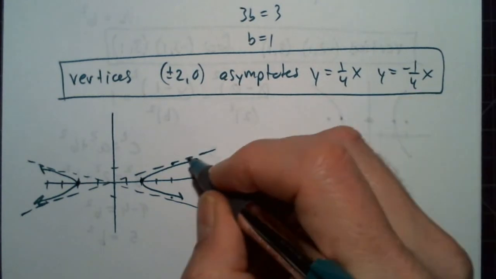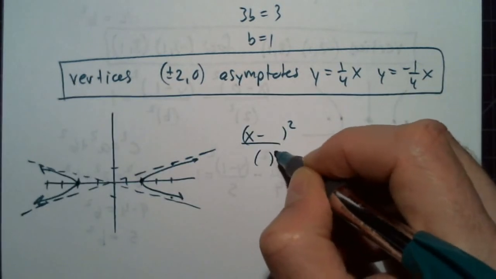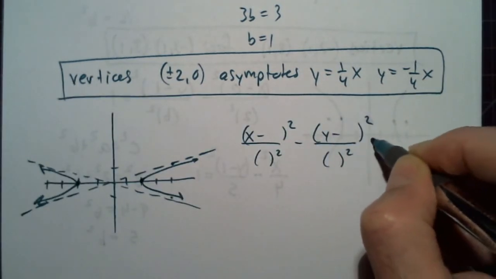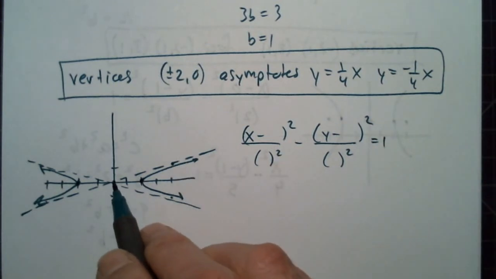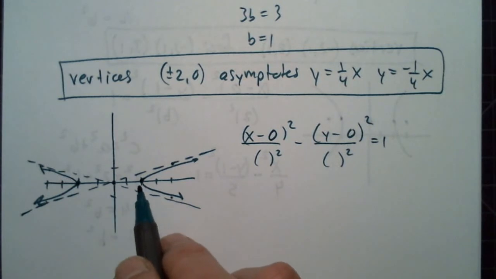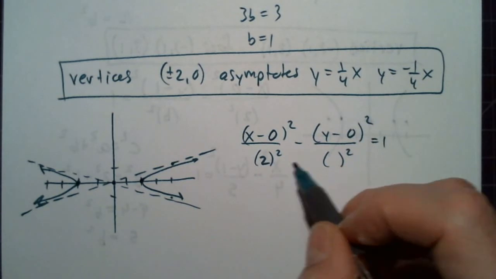And it's opening horizontally, so x is first. The center is 0, 0. We have a horizontal distance of 2, and that goes under the x because it's horizontal.